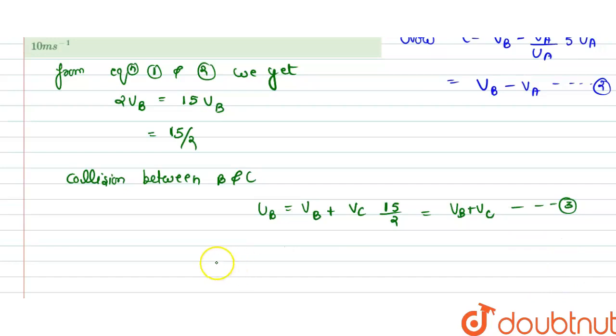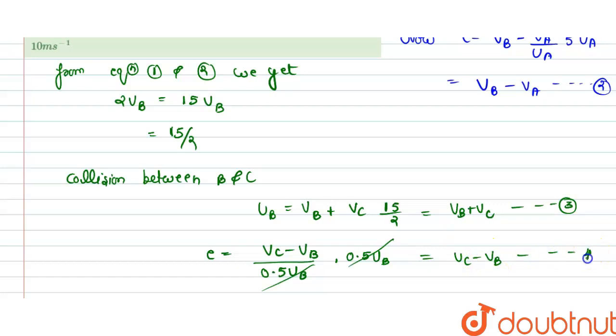And e, small e, equals (vC minus vB) upon 0.5 uB, into 0.5 uB. So uB cancels out, and we get vC minus vB, equation 4.